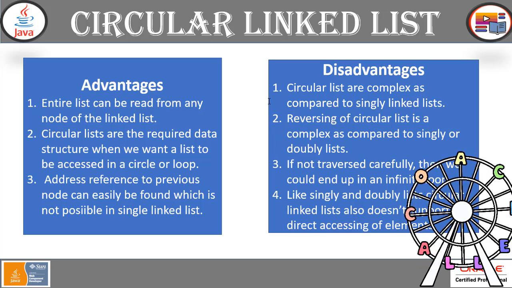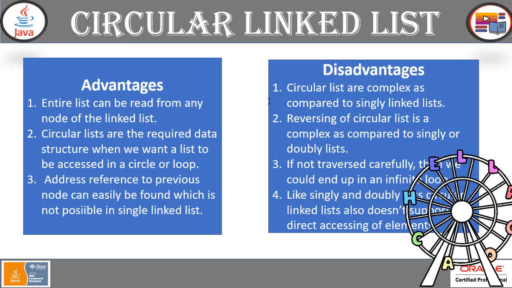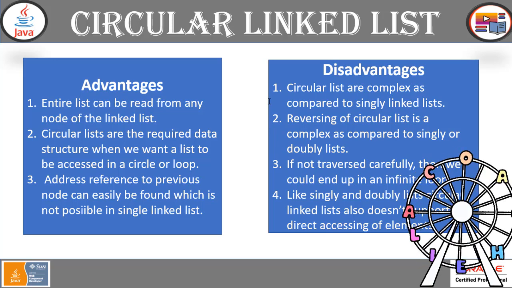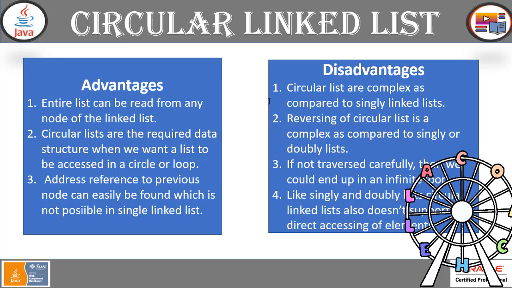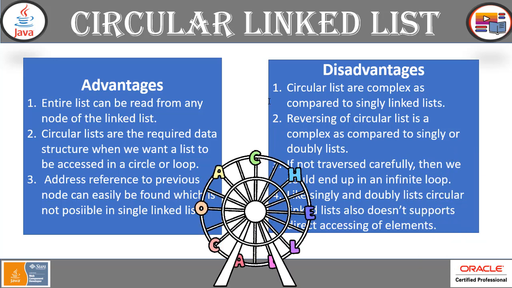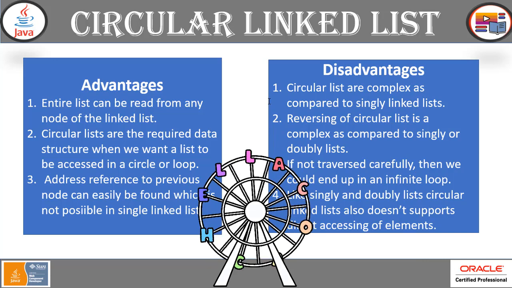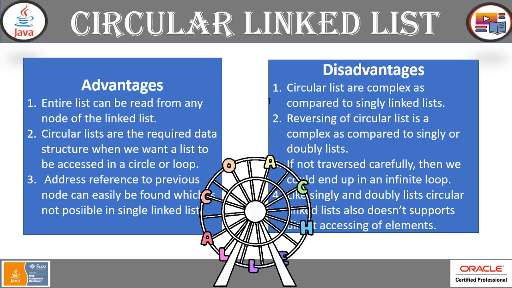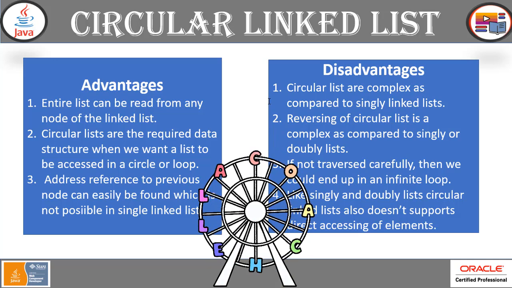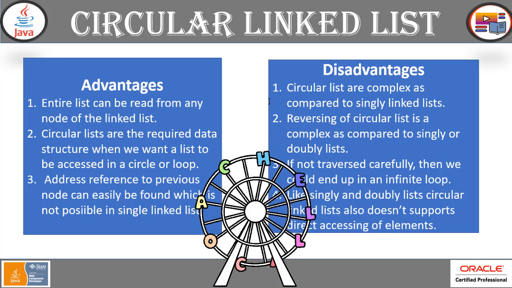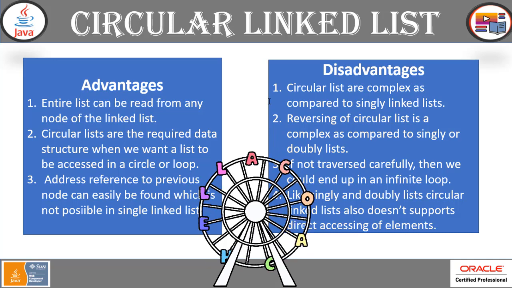The best example to understand the circular linked list is like a giant wheel. Whenever we want a person to get down from their seat in a giant wheel, we need to rotate the entire wheel. Disadvantages: complex as compared to singly linked list. Reversing of a circular list is complex as compared to singly or doubly list.